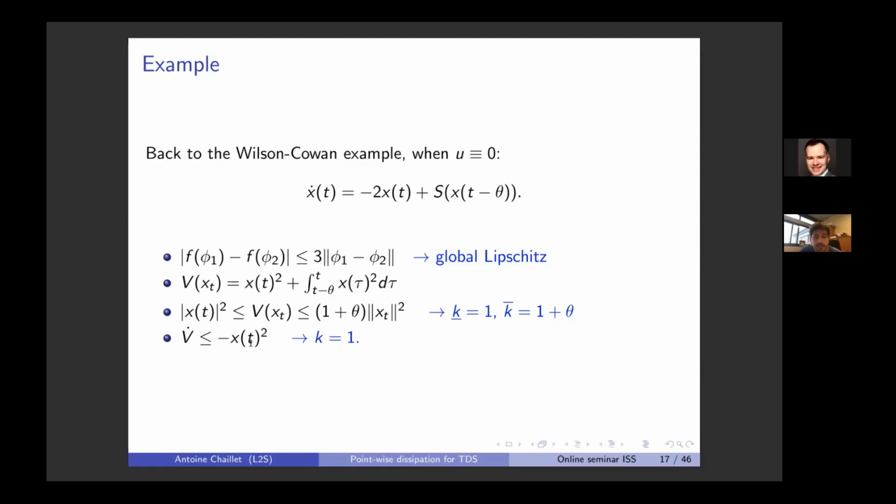And when you compute the derivative, that's what we've done before, we get, according to the previous theorem, that k equals 1. So all the assumptions are fulfilled, and you get global exponential stability of this system without requiring anything else than a pointwise dissipation once again.